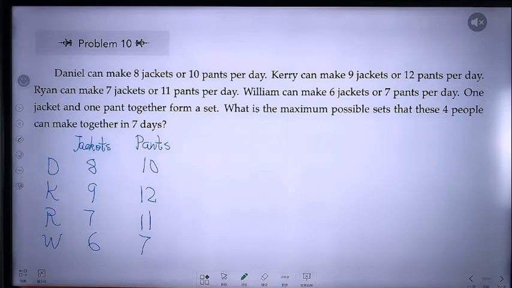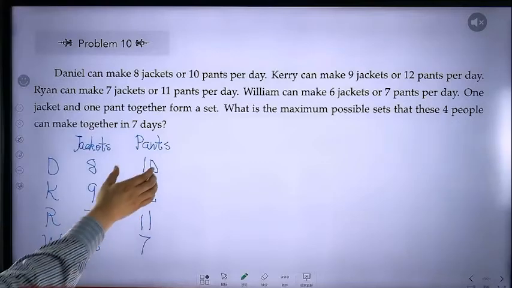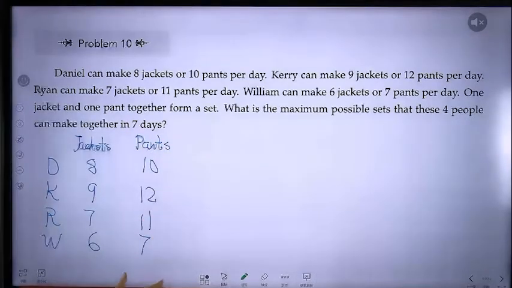So the idea is, if you look at the numbers, definitely all of them can create more pants, because when you prepare a set of suits, it's definitely more complicated to create jackets. So they can all produce more pants than jackets.